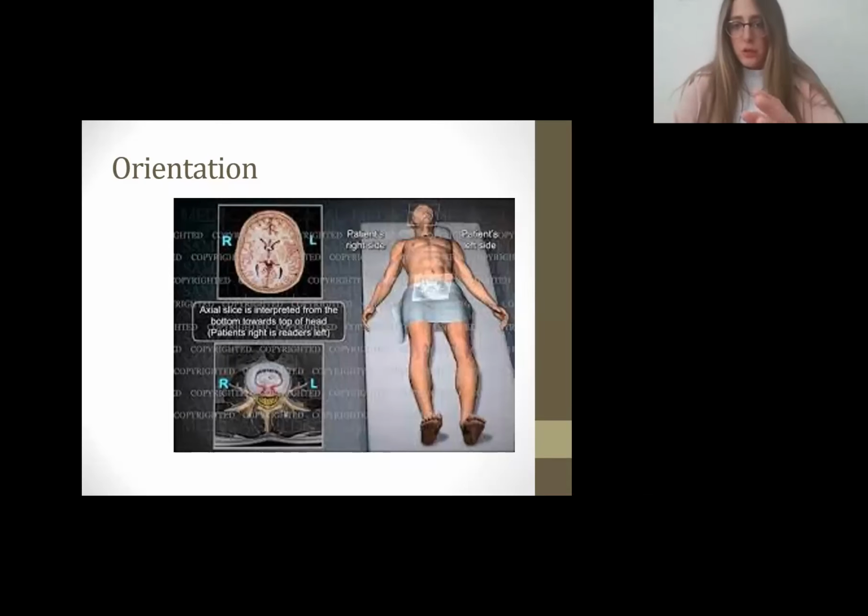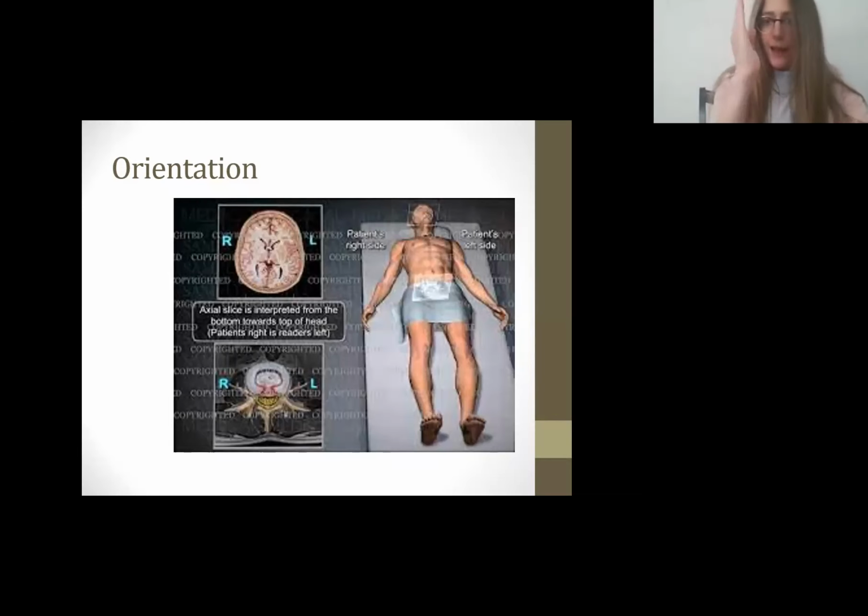When you put the patient in this sleeping position, basically what you're doing is looking at his head. His right is your left. You're looking at him from his feet; you're standing at his feet right now. So his right side is your left. This is my left hand, and his left brain is your right. So whenever you look at a CT image, the left side of the image is the right and the right is left.